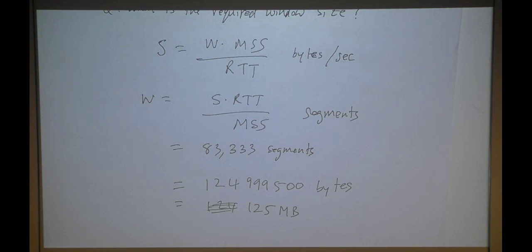Can I use it? This little mini computation tells me I need a window size of 125 megabytes. That's very large. So do you think this is possible? Yes or no? What do you think?